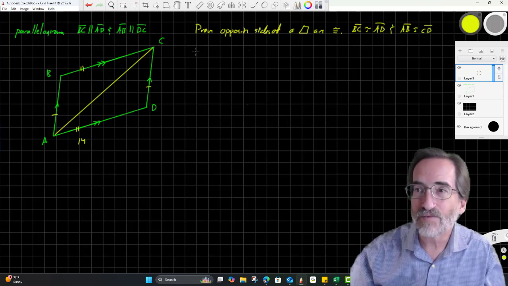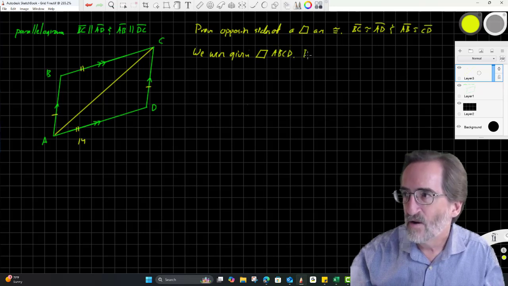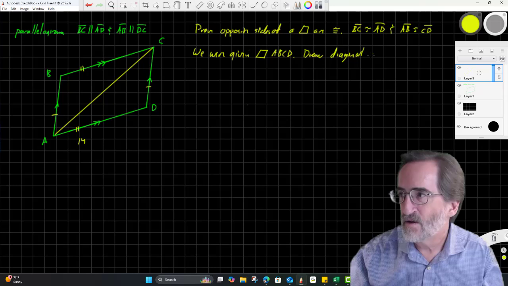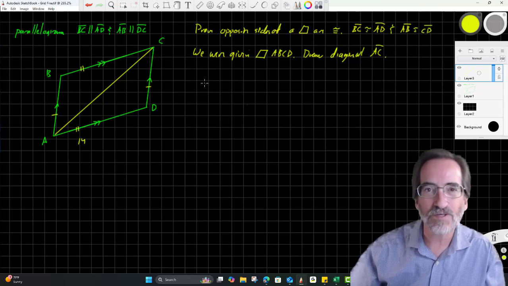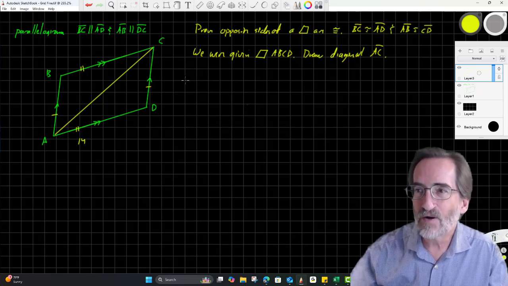So we're given that it's a parallelogram. So we were given parallelogram ABCD. Draw a diagonal AC. That's just describing what we have in detail. So let's see if we can figure out the triangles.